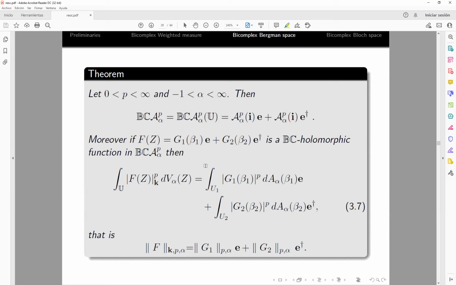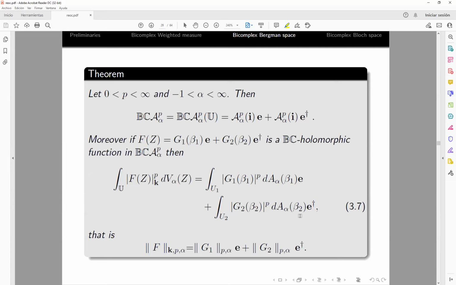In particular, if we write F, this bicomplex holomorphic function, with components G1 and G2, then the integral definition of the Bergman space is exactly in this form: exactly the definition of the Bergman space in the classical unit disk U, plus the classical Bergman space in the disk U, E dagger.